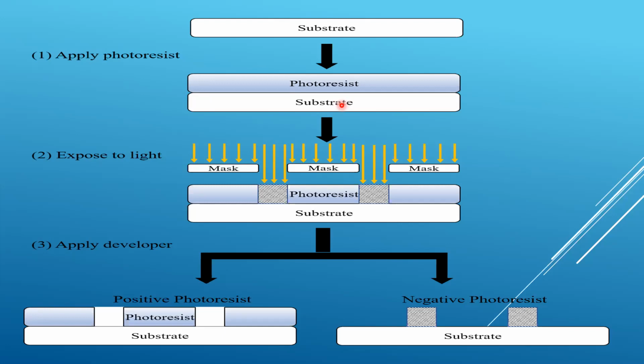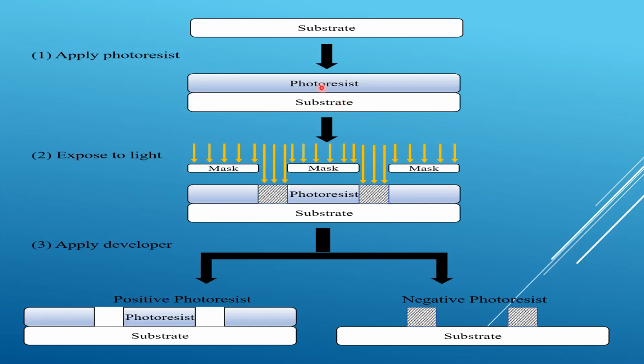So this is about positive photoresist. What is negative photoresist? Negative photoresist, on the other hand, is a material which hardens on exposure to radiation.